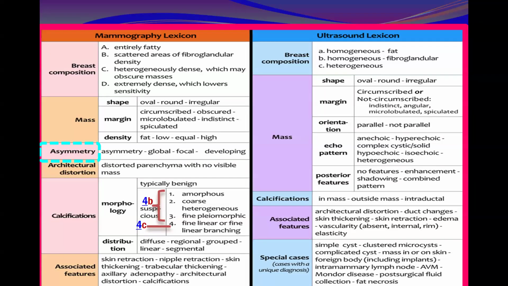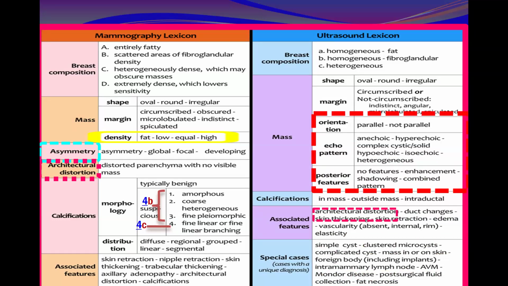First of all, asymmetry is a unique descriptor in the mammographic lexicon, not used in the ultrasound lexicon. Also, mass density used on mammography is not used in ultrasound, and architectural distortion is a main descriptor on mammography, however in ultrasound it is considered an associated feature.